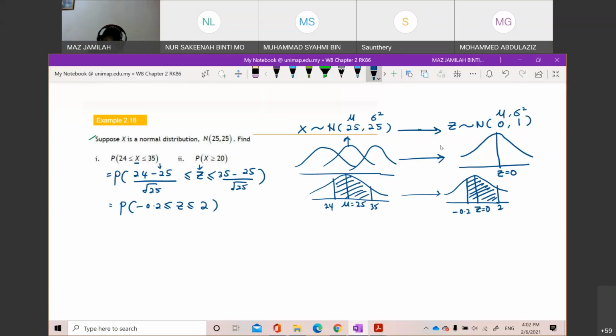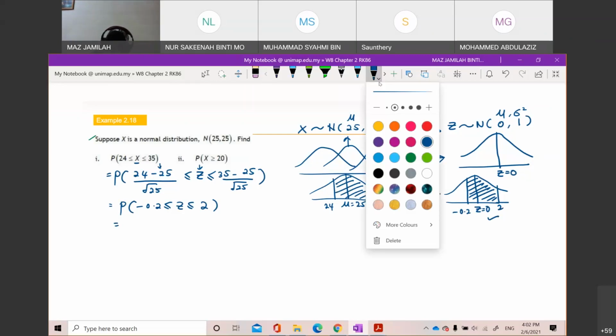By using the understanding that we have discussed in the previous class, how to find this probability? Since we are talking about a symmetric distribution, this can be obtained from your first table.